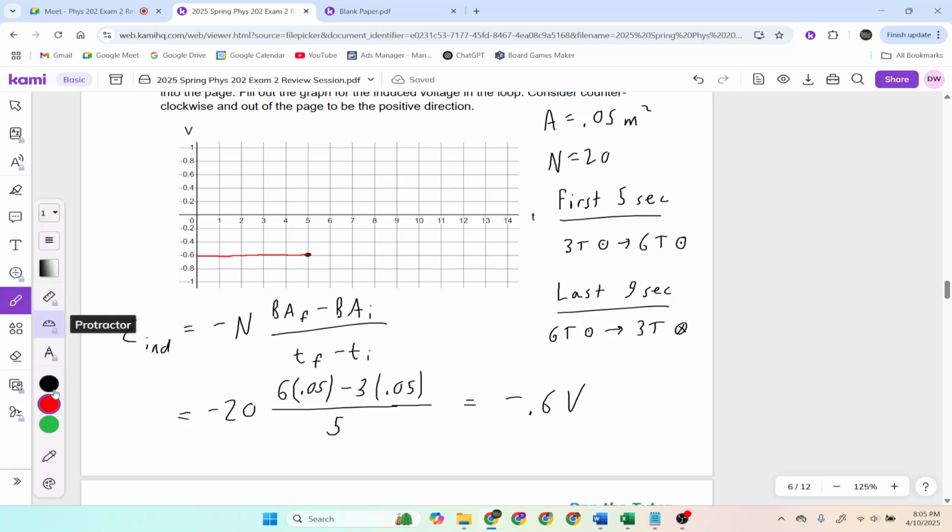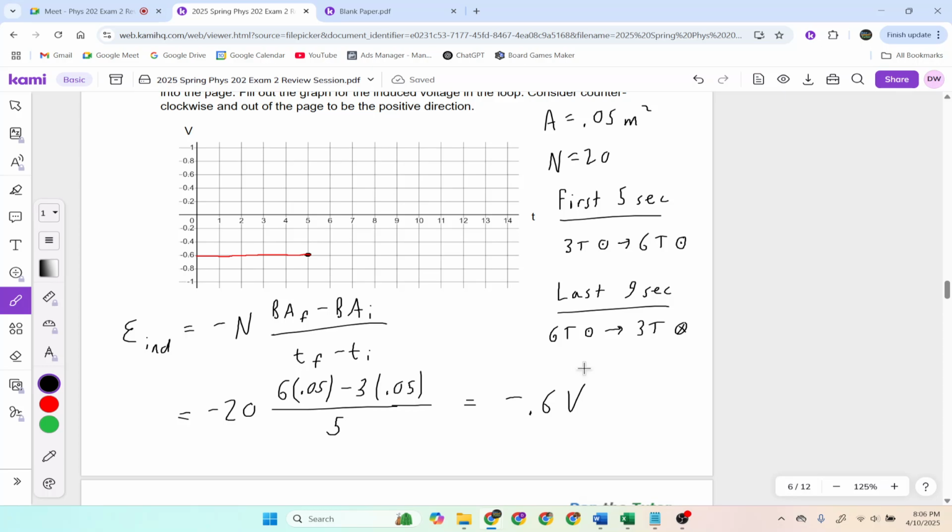How come? Because I said so. And it will always be a flat line. If you want the actual reason, the reason why is because this voltage is representing a rate of change, and the rate of change is constant. And we know from Calculus 1 that if the rate of change is constant, it's going to be a flat line on the derivative graph. So like I said, it will always be flat. Don't ask questions.